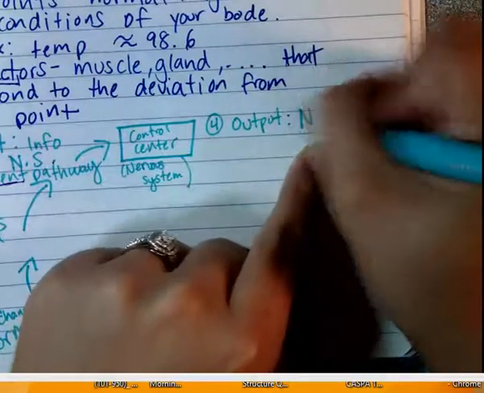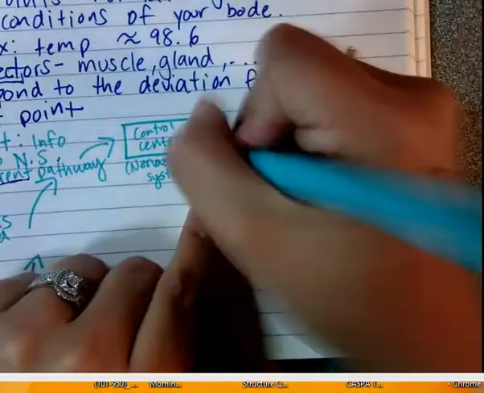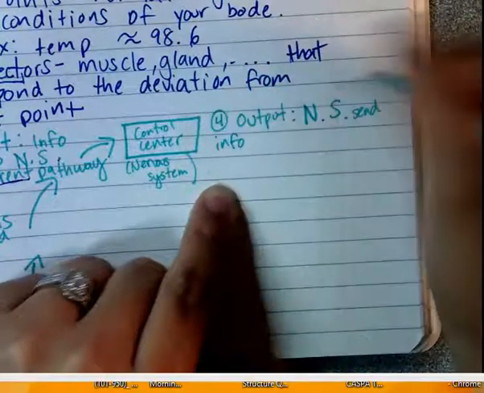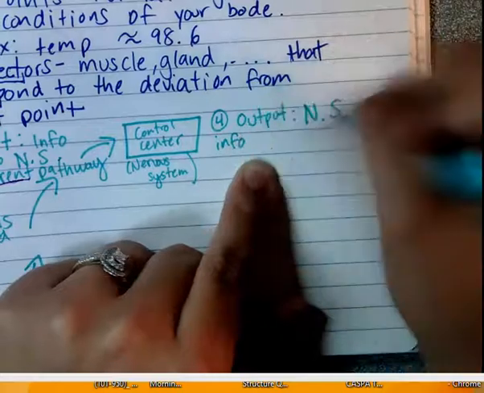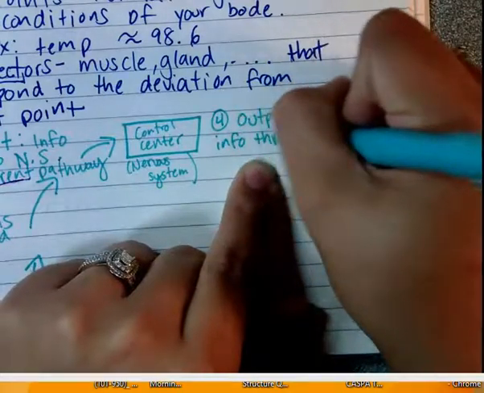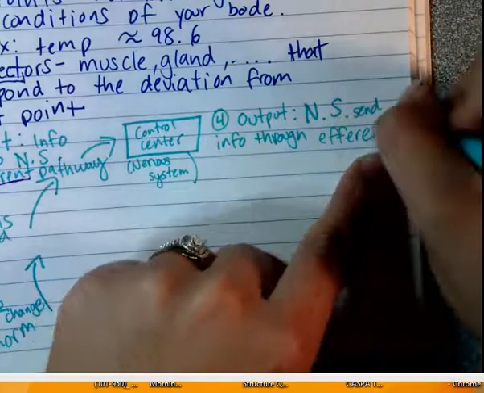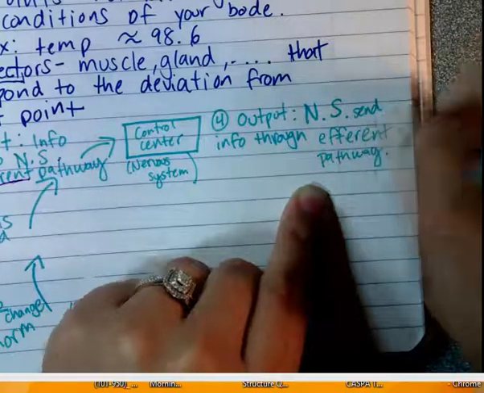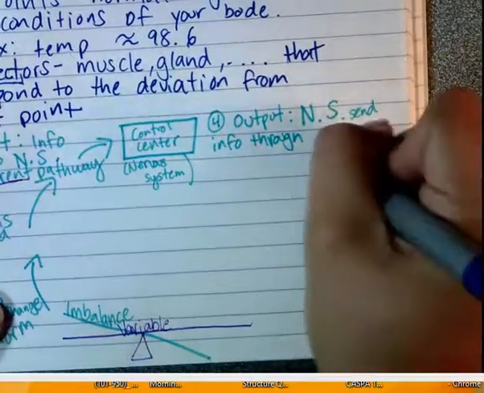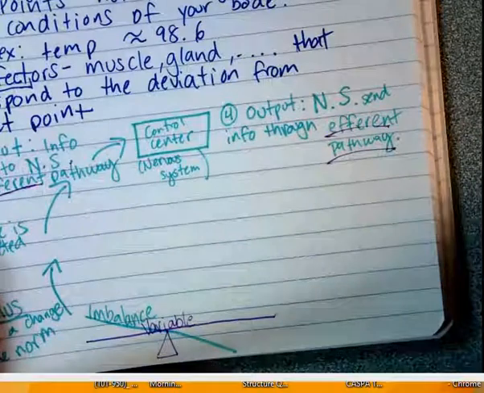So the nervous system is going to send that response through the efferent. So input is through the afferent, and output is through the efferent pathway.